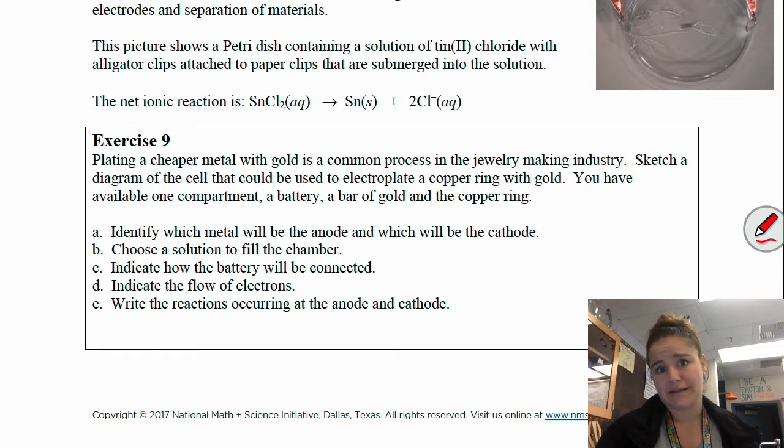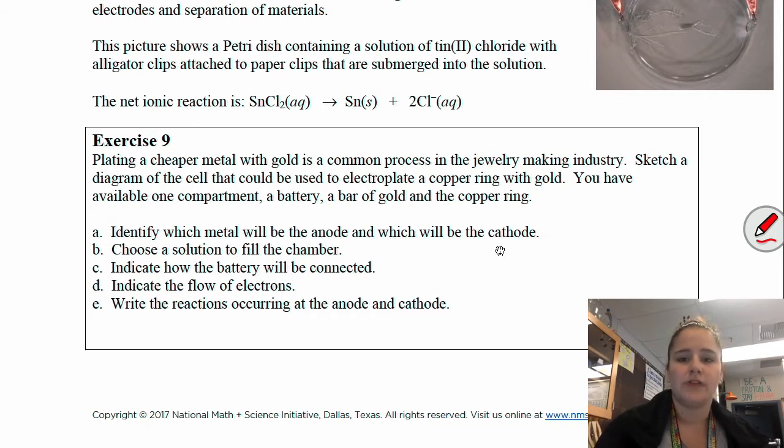And second, that's expensive. So we plate a cheaper metal with gold to make our 14-karat gold earrings. We're going to sketch a diagram of a cell that could be used to electroplate a copper ring with gold. We're going to have one compartment, a battery, a bar of gold, and the copper ring. Identify which metal will be the anode and which will be the cathode. Choose a solution, battery, flow of electrons, and write the reactions.